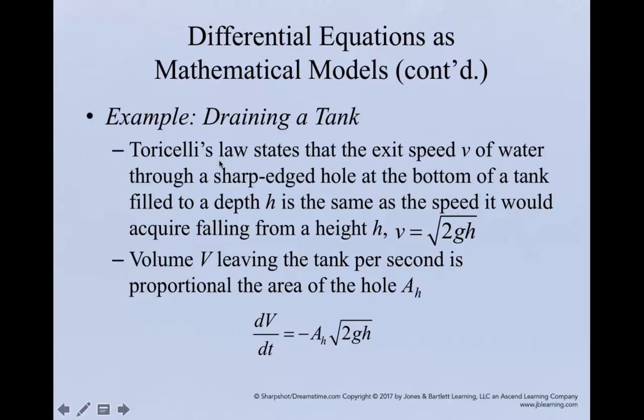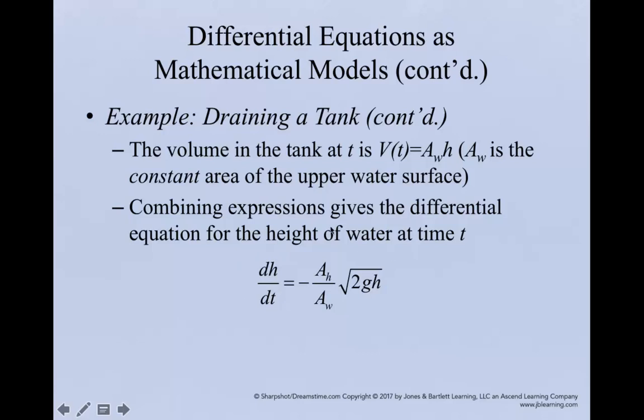There's a law called Torricelli's law that says that the velocity of the fluid coming out of the tank is the square root of 2gh, where g is gravity and h is the depth. So you can model dV/dt as minus some area of the hole times the square root of 2gh. And then V, of course, will be proportional to h, so you can model it that way.